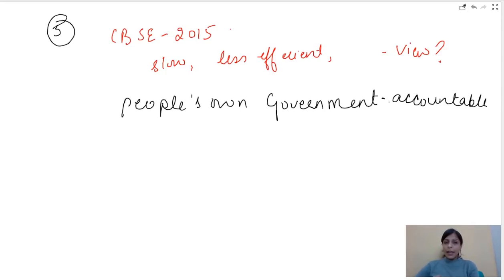Everything has two sides, but they get free from its evils also, because every democracy tries to evolve over and over again. Whenever there's some challenge, the democracy tries to work on it and come out with the best results. That is the best point about democracy. An autocratic regime or dictatorship would not invest a lot in changing its setup or bringing benefits to the people, delivering whatever the people are looking for.